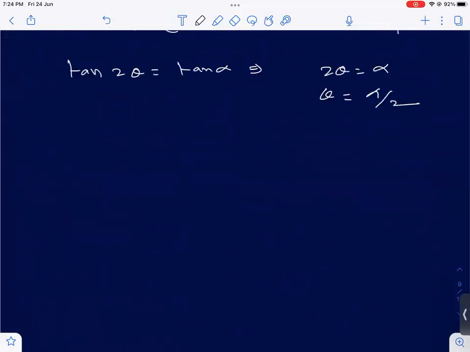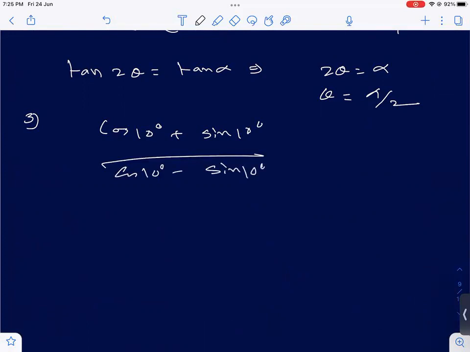Next, I am going to sum number 3. Sum number 3 is easy. It is (cos 10 plus sin 10) by (cos 10 minus sin 10). To get the tan formula, let us divide by cos 10.